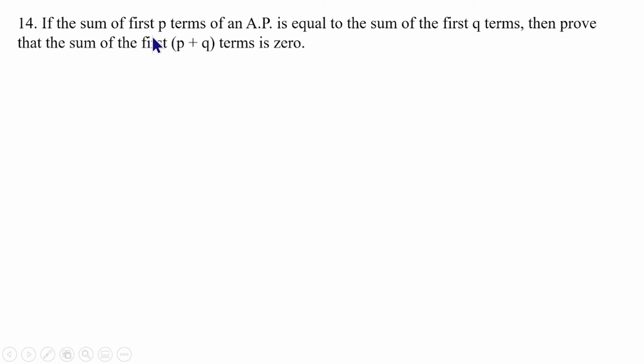Next question: if the sum of first p terms of an AP is equal to the sum of first q terms, then prove that the sum of first p plus q terms is 0. So if we consider the first term as a and the common difference as d, Sp is equal to p by 2 into (2a plus (p minus 1) into d).